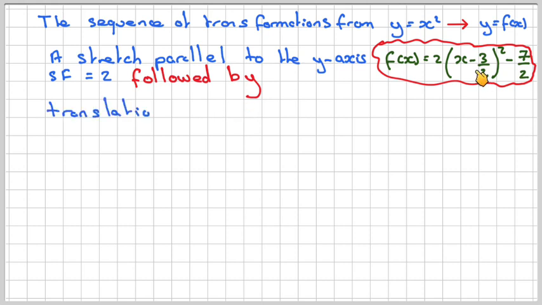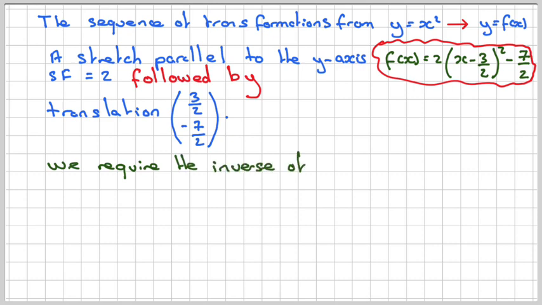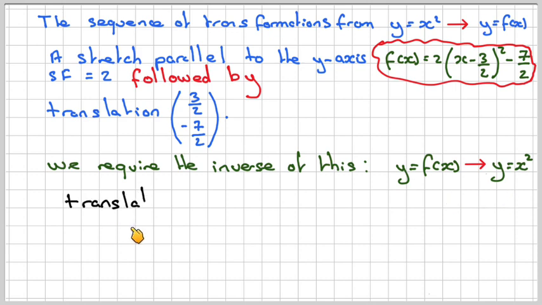Now you've got to be careful, because if there's a minus in here, it's actually going in the positive direction, so that's going to be 3 over 2, and this one has the same sign as it has minus 7 over 2. But we are doing the reverse of that, so we'll start from here. So we're doing y is equal to f of x back onto y is equal to x squared, so we'll do a translation.